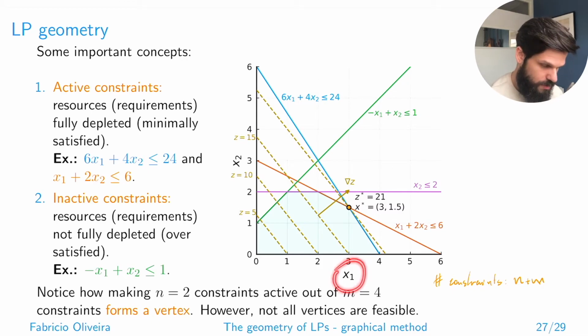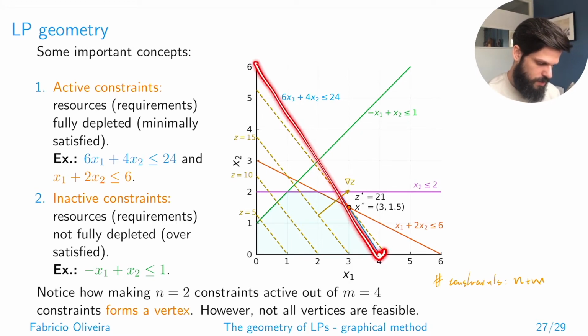So x1 greater than or equal to 0 and x2 greater than or equal to 0 are in here. So in total, I actually have 6 constraints. And when I pick 2 from the 6, for example this one here, this is the condition x2 equals 0 and 6x1 plus 4x2 equals 24. The combination of these two constraints gives me this point. All right.